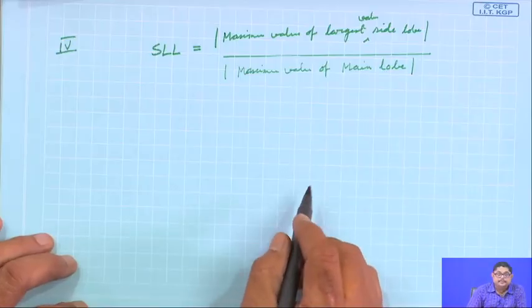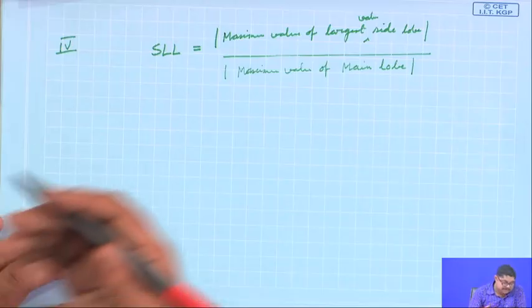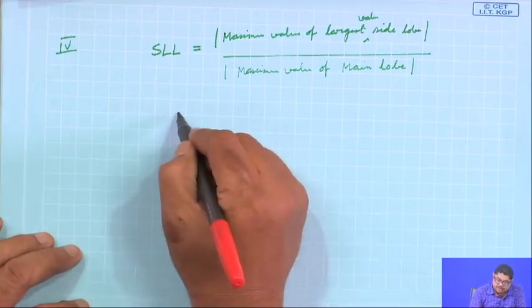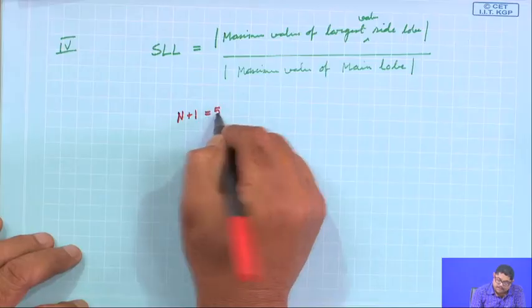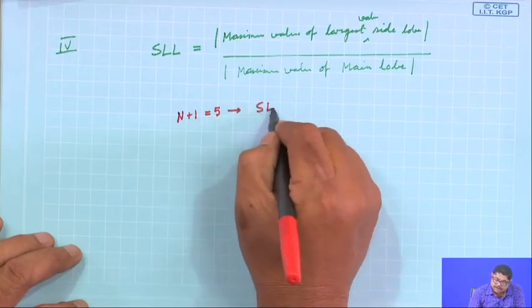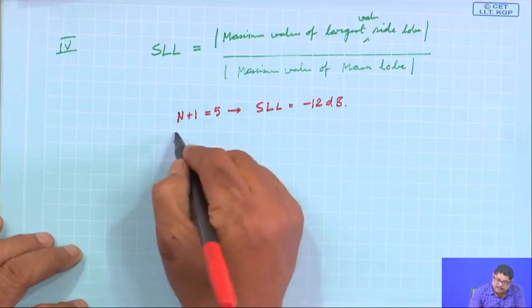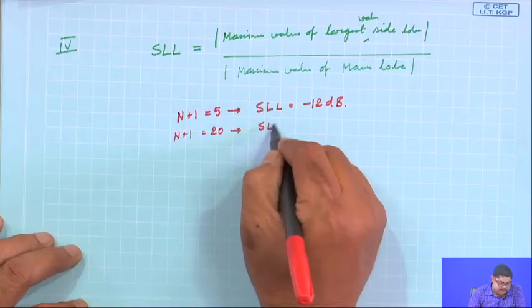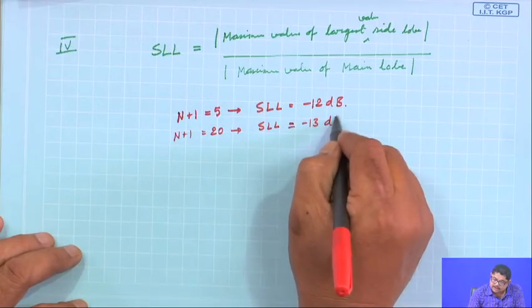So, as n increases, this SLL decreases. If you calculate, then for n plus 1 equal to 5, we get SLL as minus 12 dB, for n plus 1 equal to 20, SLL is minus 13 dB.